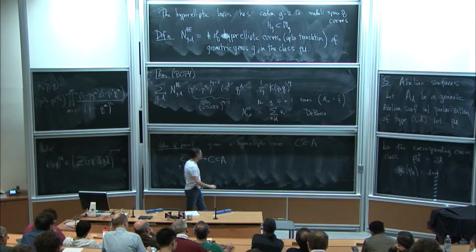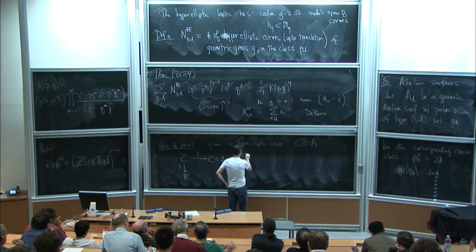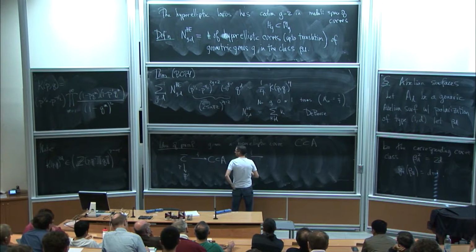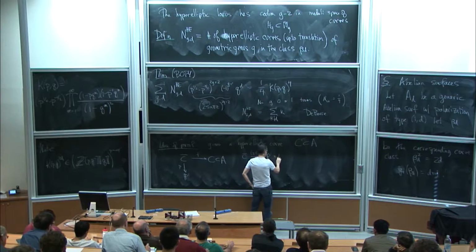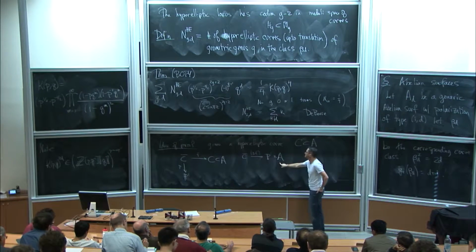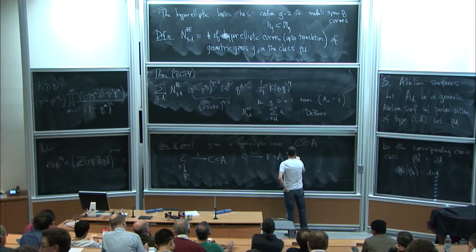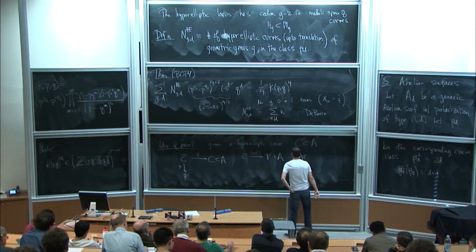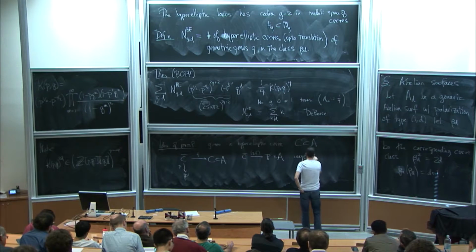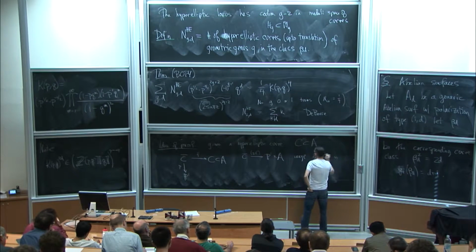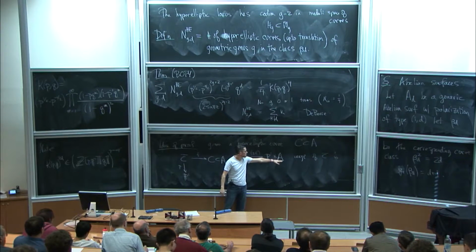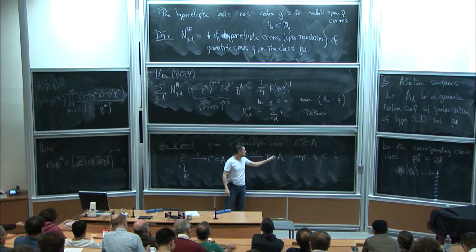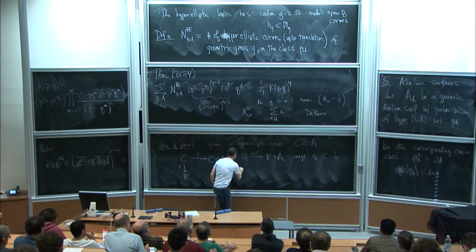And I can combine these two things to give a map to P1 across my abelian surface. And so the image of this map is a family, you can think of this now as a family of subschemes of A parameterized by P1. This image is flat over P1.